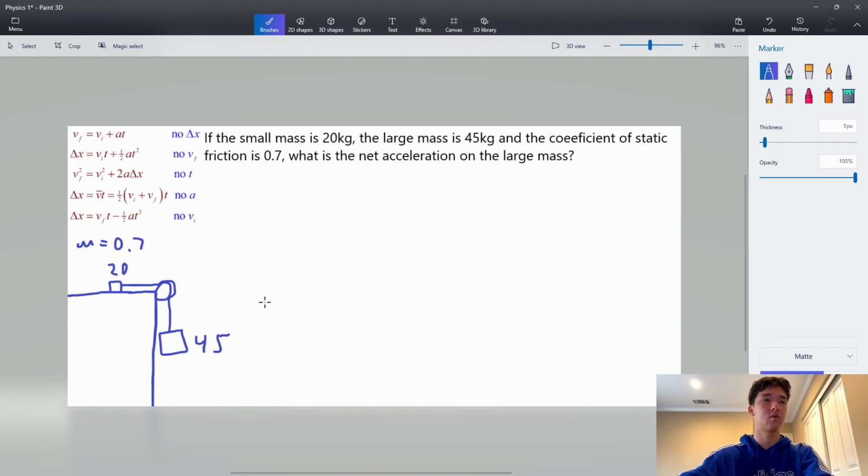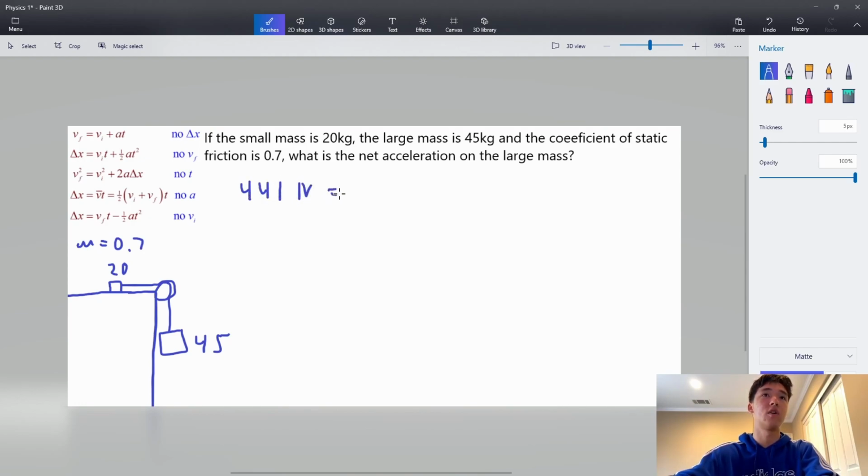Essentially in this question, the 45 is just falling, right? So it's 45 times 9.8, which is 441 newtons going downward.